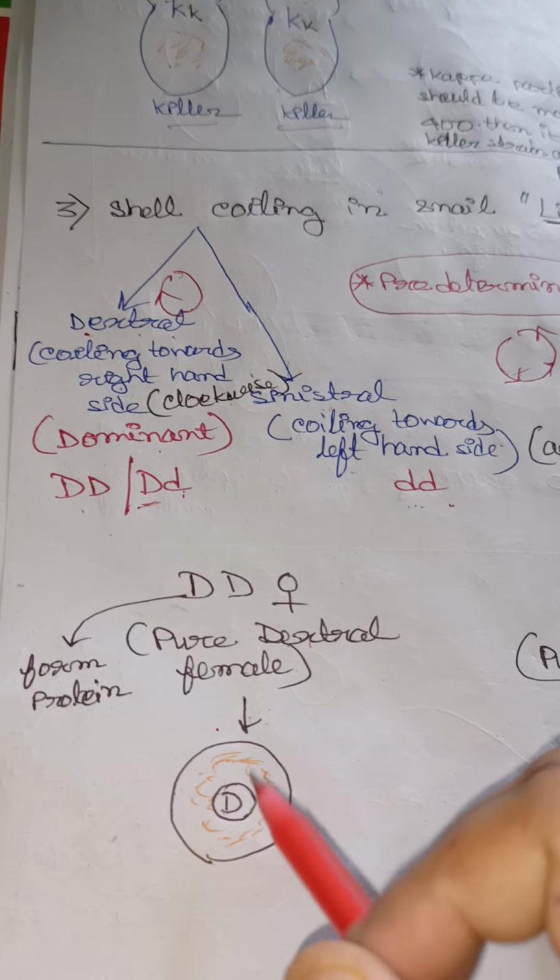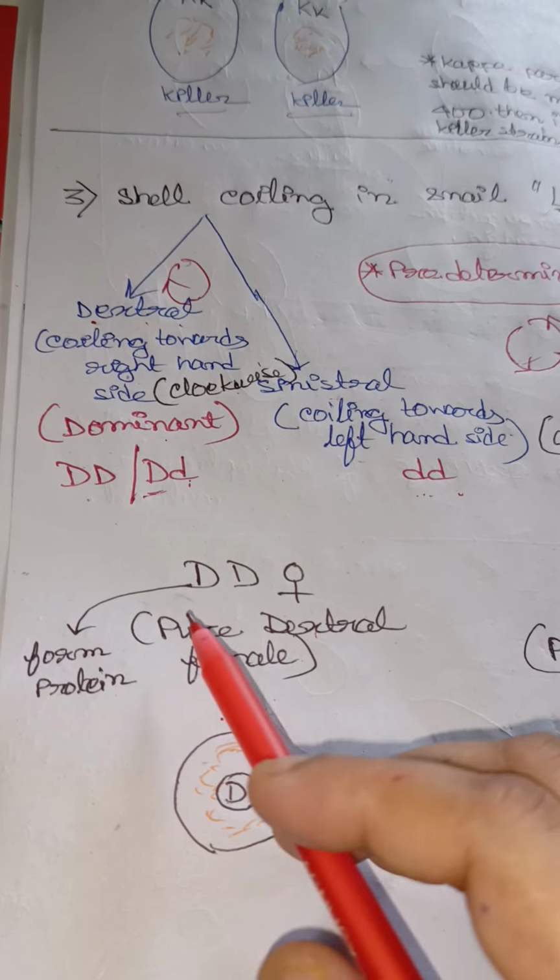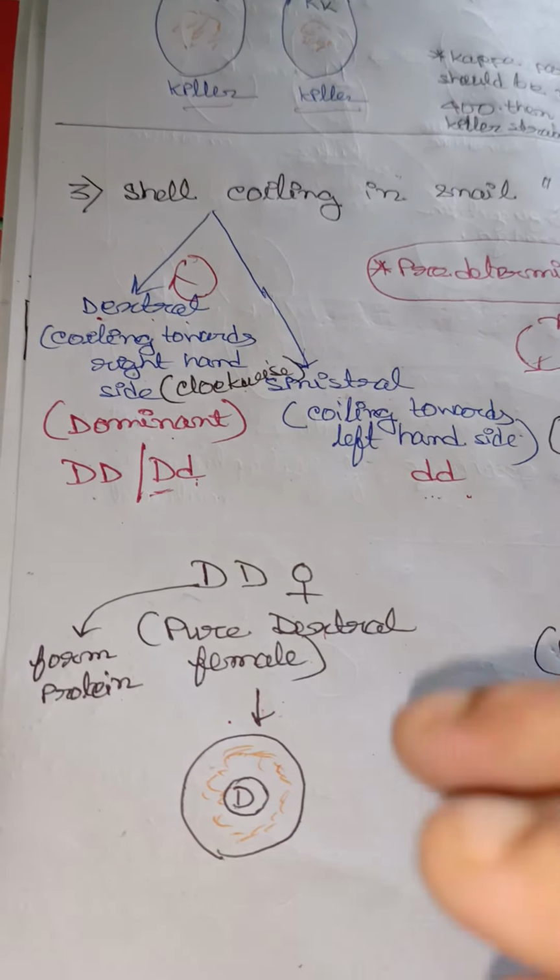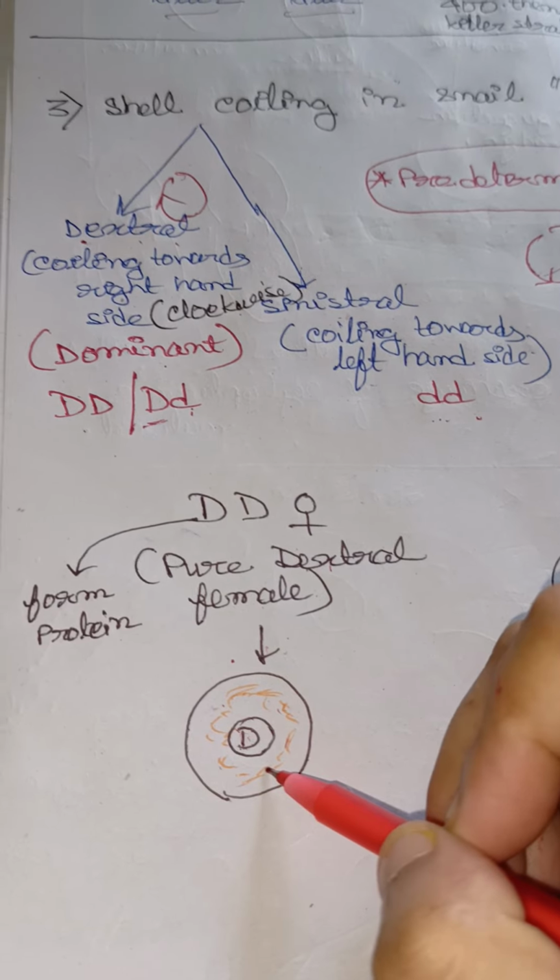So first you see pure dextral female, what type of gamete will it produce. In female there is a protein also present in the cytoplasm, you remember. In pure female it will give D, because both the genes are D. So one gamete will come with big D in the nucleus, and in the cytoplasm some proteins are present.